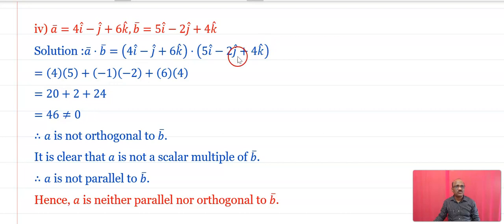And the last is 6 into 4, that is 24. Their sum is not equal to 0, that is 46 not equal to 0. Therefore, a bar is not orthogonal to b bar. It's clear that a bar is not a scalar multiple of b bar, and therefore a bar is not parallel to b bar. Therefore, a is neither parallel nor orthogonal.